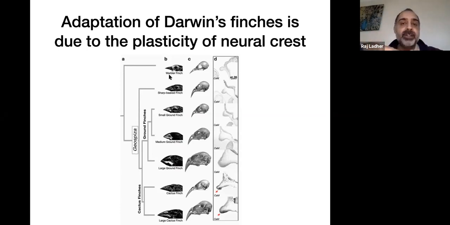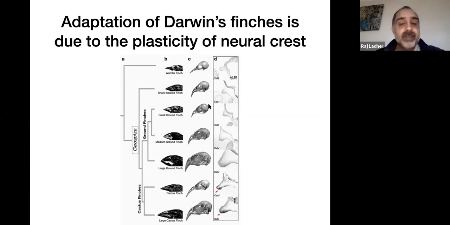And this beak morphology could only be driven because the neural crest itself is very plastic. Remember, I told you it was a stem cell population. Because of its very nature, because it is a stem cell population, it can be acted upon by non-cell autonomous signals to change the morphology a little bit.